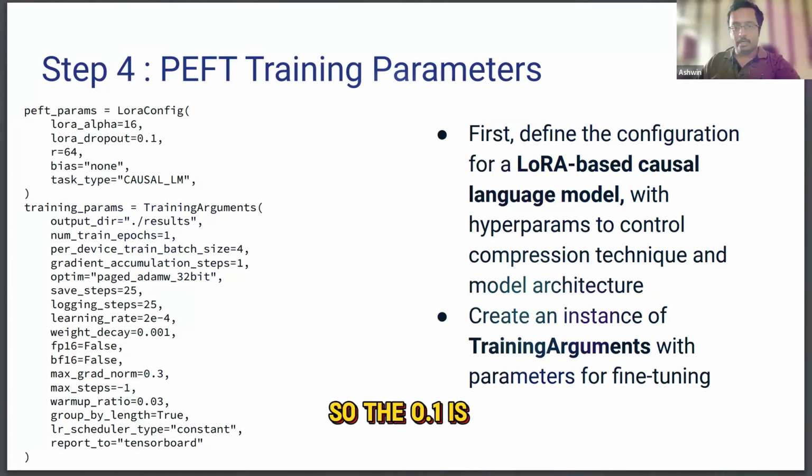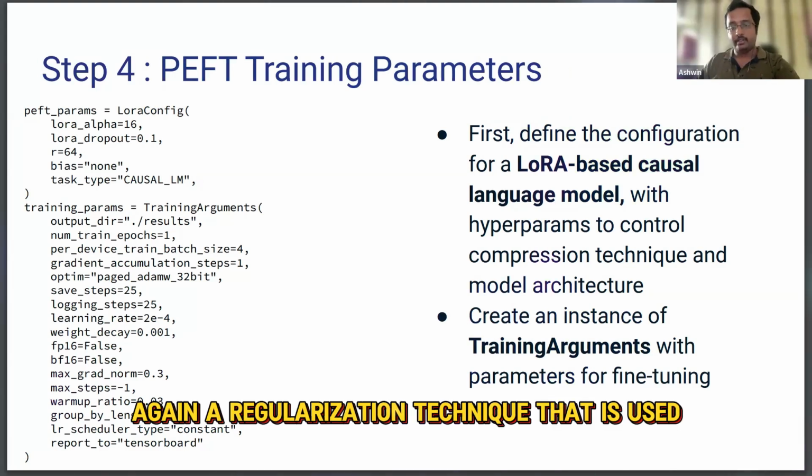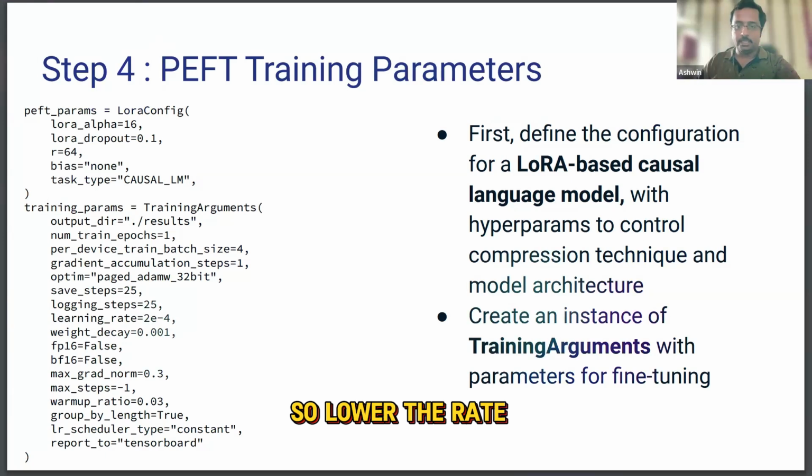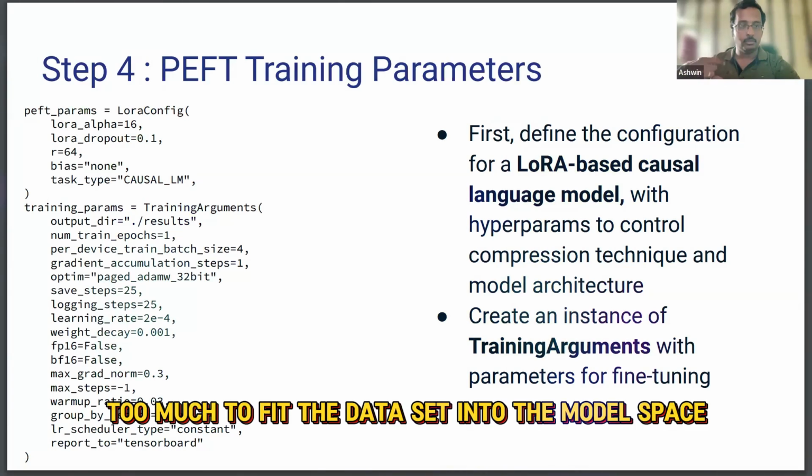The 0.1 is again a regularization technique that is used. We set a dropout rate of 0.1, and it prevents overfitting. Overfitting is where the model tries too much to fit the data set into the model's space.